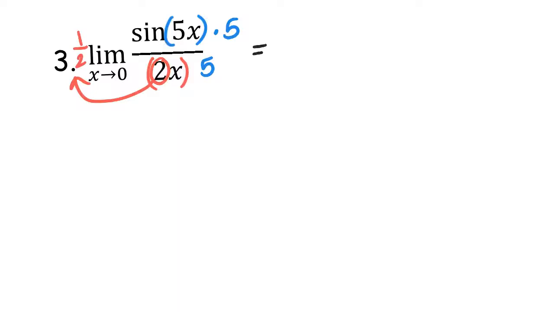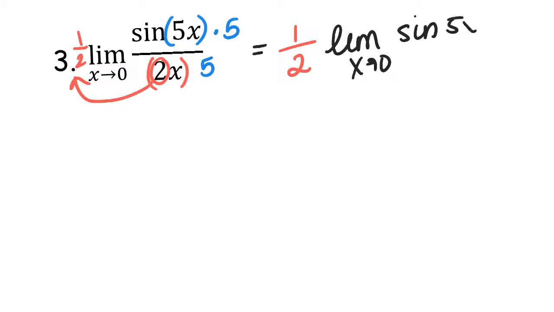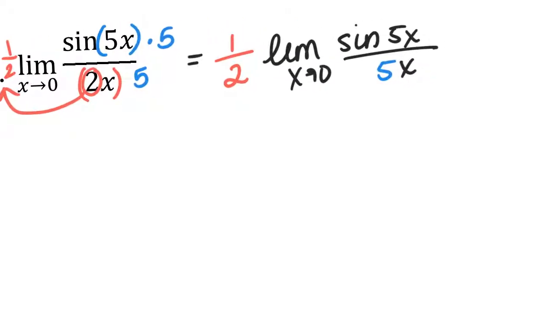So I moved the 1/2 to the front, and I have the limit as x approaches 0 of sine of 5x over 5x, which goes to 1, and then I still have this 5 on top.